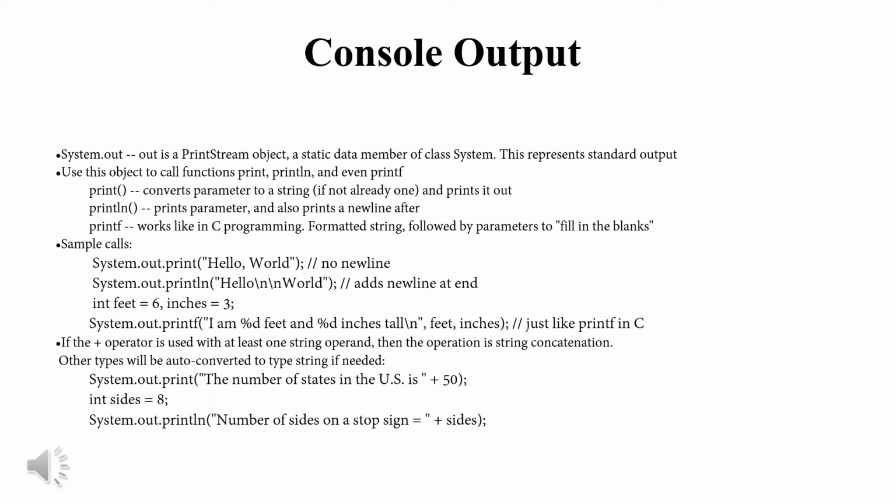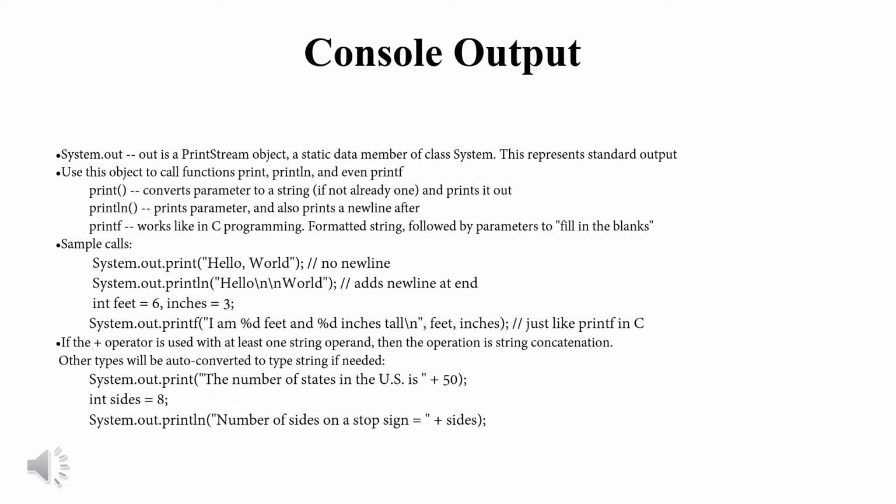So print converts parameter to a string and prints it out. Println prints parameter and also prints a new line after that. Printf is exactly like what we had in C. Here you can see some very simple samples to show you how System.out.print works.